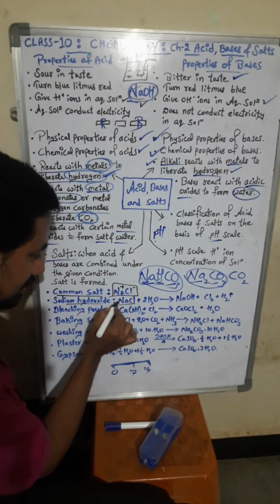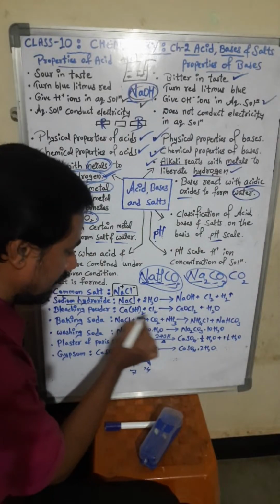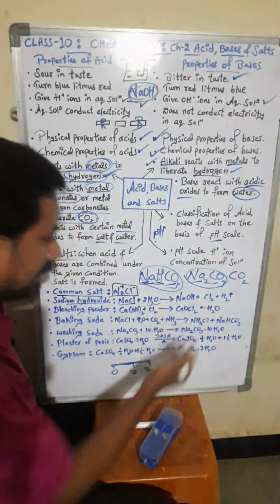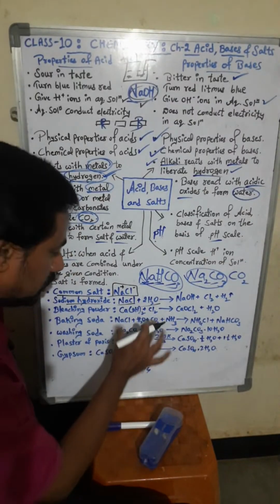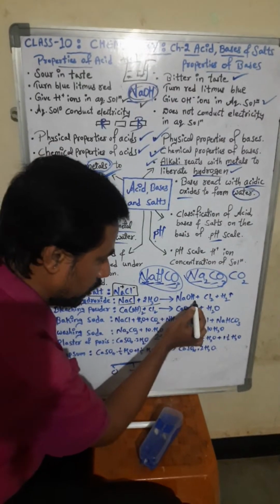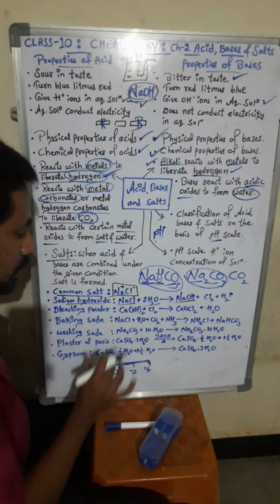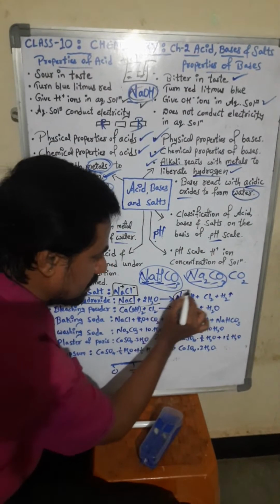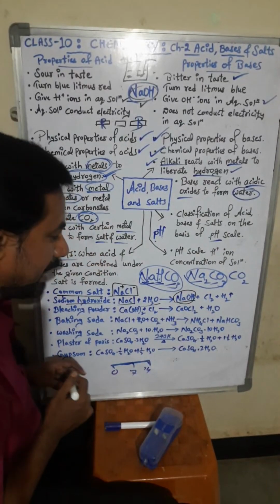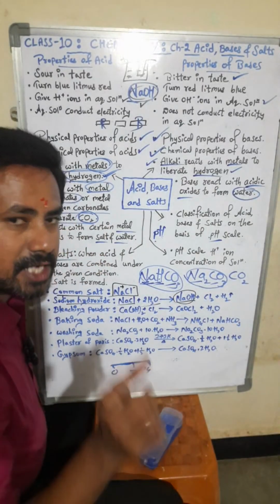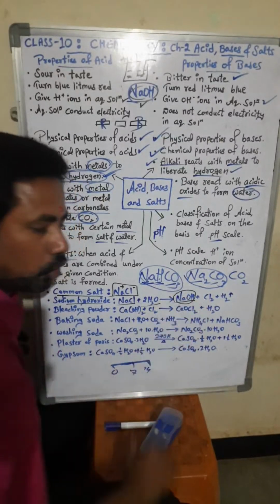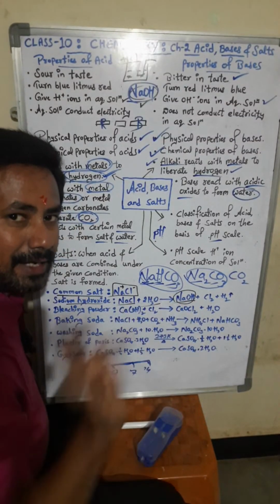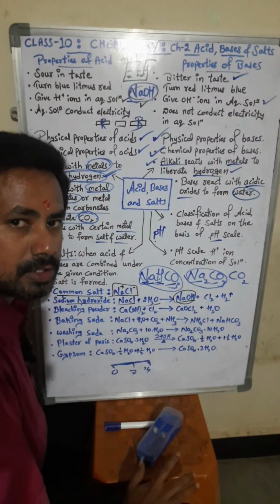When we combine this salt, NaCl, sodium chloride, and water, sodium hydroxide is formed. I have written the reaction. Na, sodium, OH, hydroxide: sodium hydroxide. When you combine salt and water, sodium hydroxide is formed.